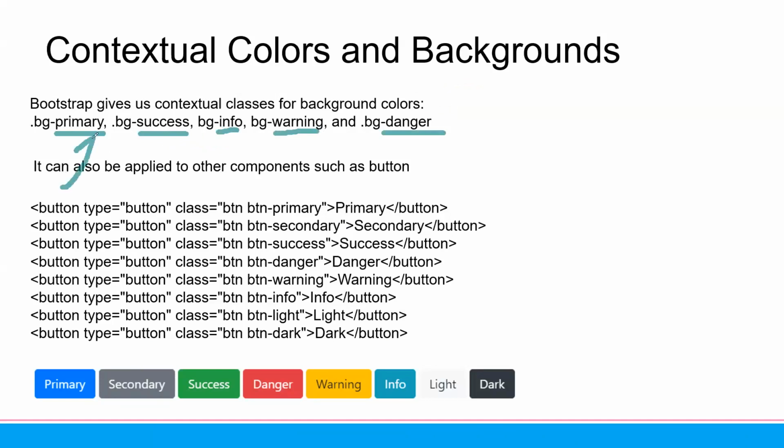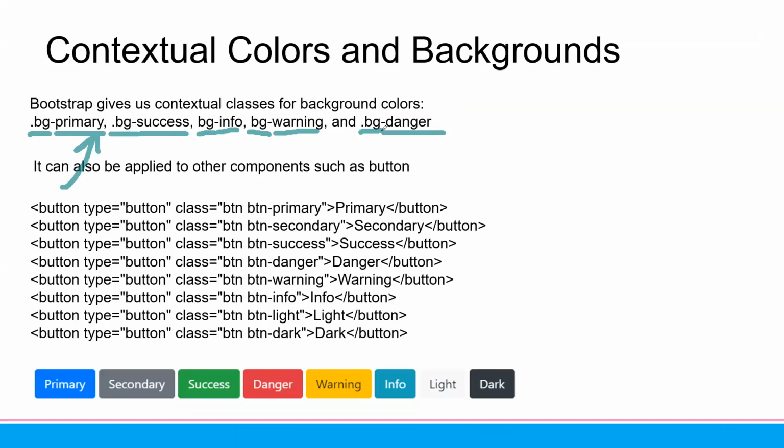Primary. So if we say .bg, BG means background, it means the primary background. .bg also gives background of success, background of info, background of warning, and background of danger.